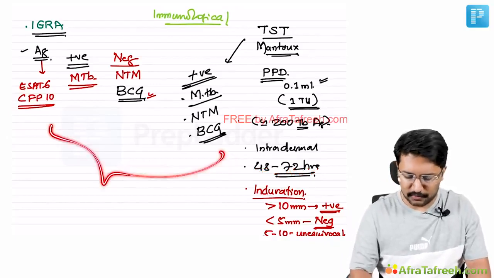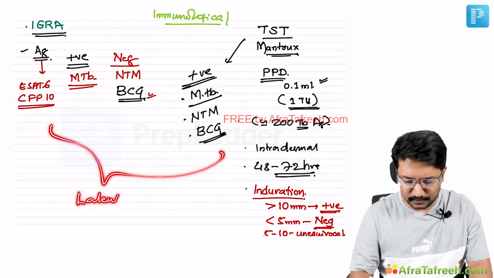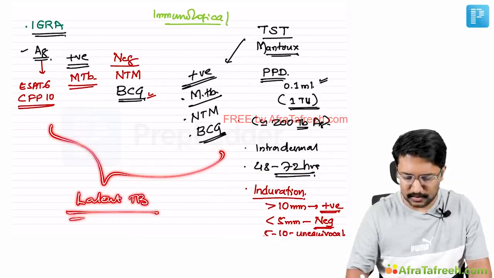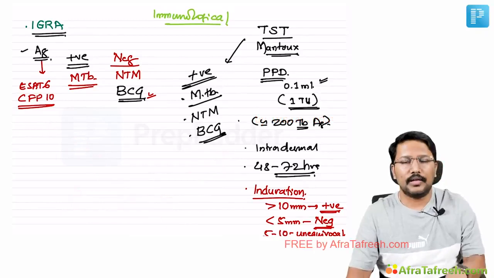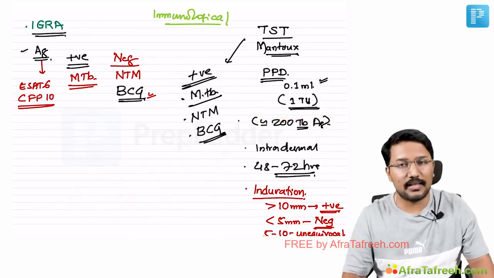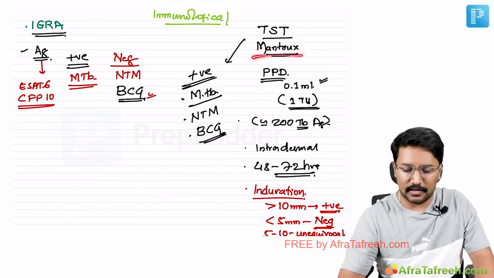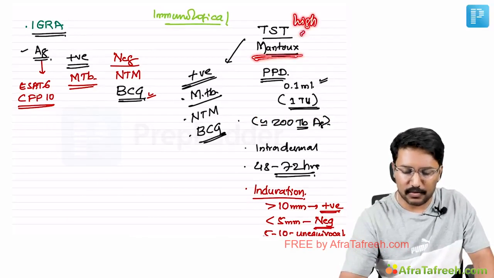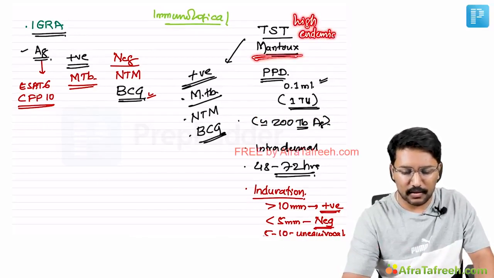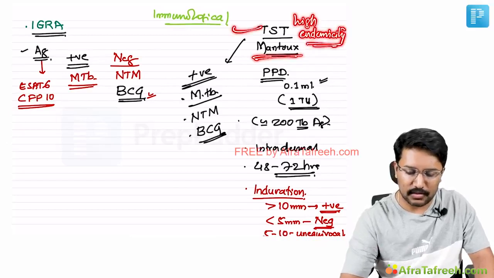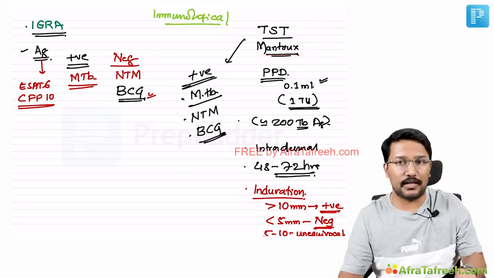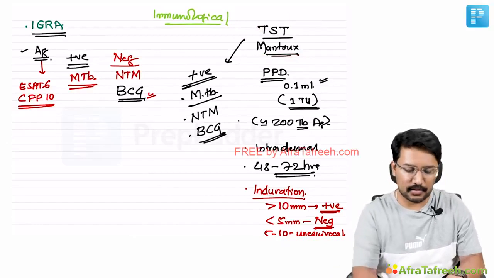We mainly use this for diagnosis of latent tuberculosis, right? Now, this Mantoux test has been studied and validated in countries where there is high endemicity. So if you talk about India, we should be preferring the Mantoux test for identification of latent tuberculosis infection in comparison to IGRA.